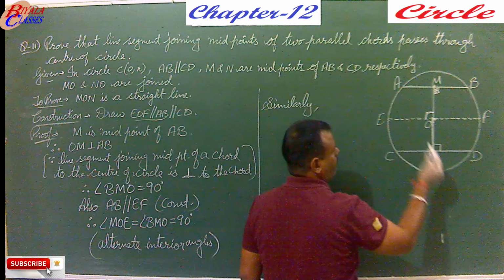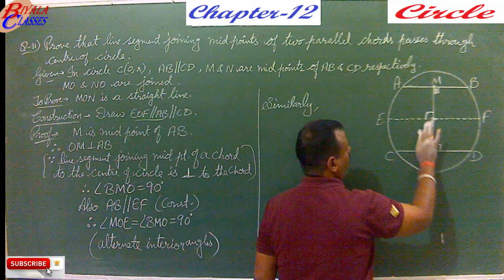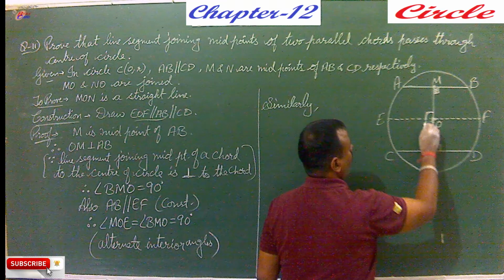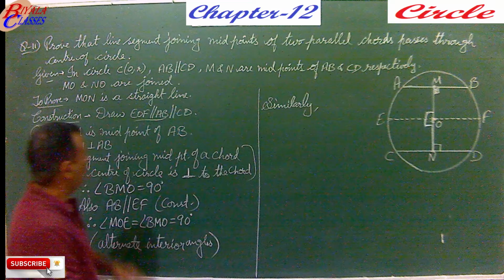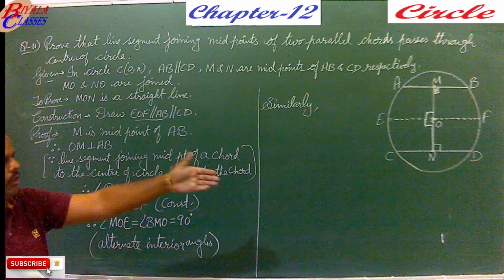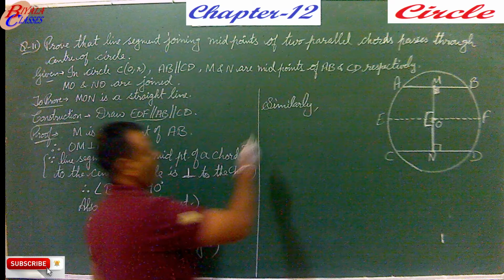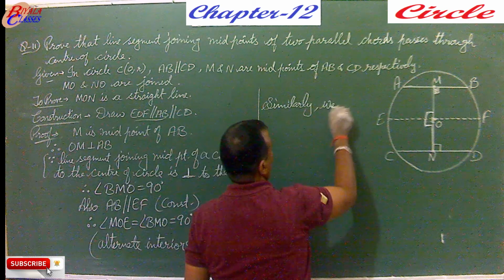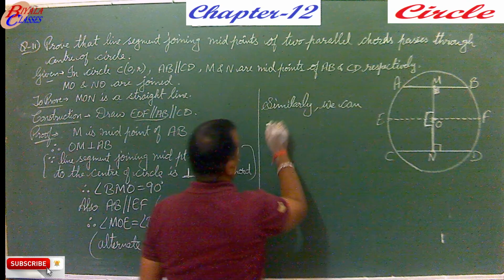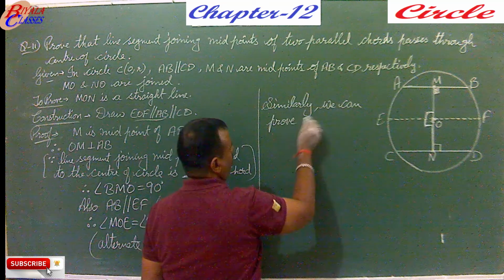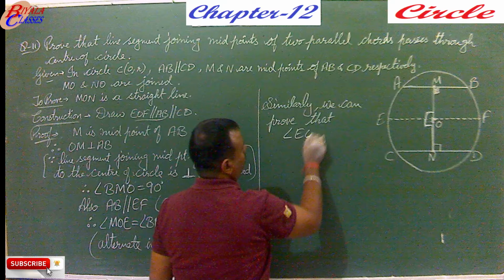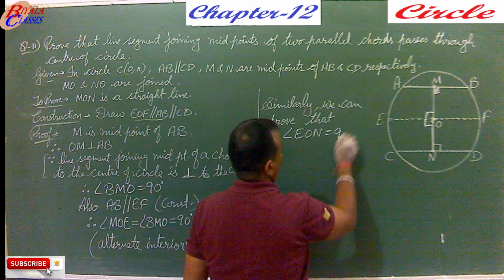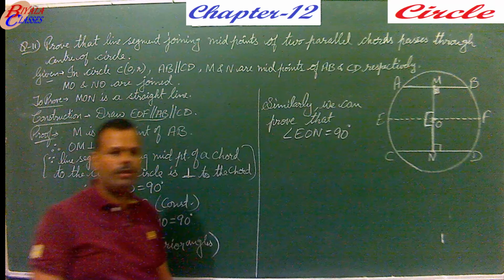So if these two are parallel, then angle EON will also be 90. Means the same thing is to be done on the other side also. So similarly we can show that angle EON is equal to 90 degrees.